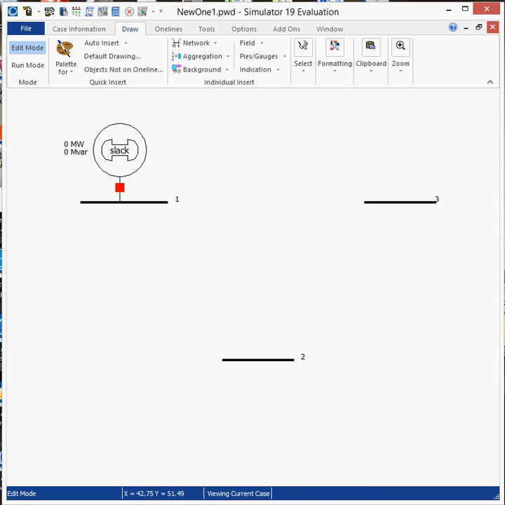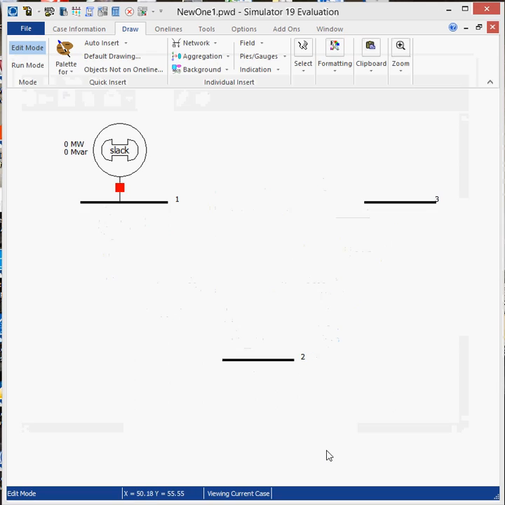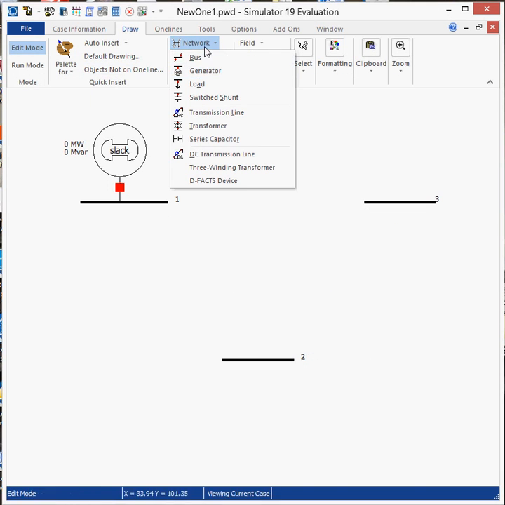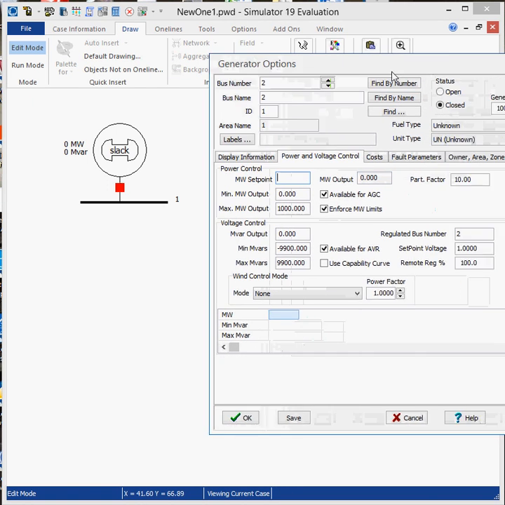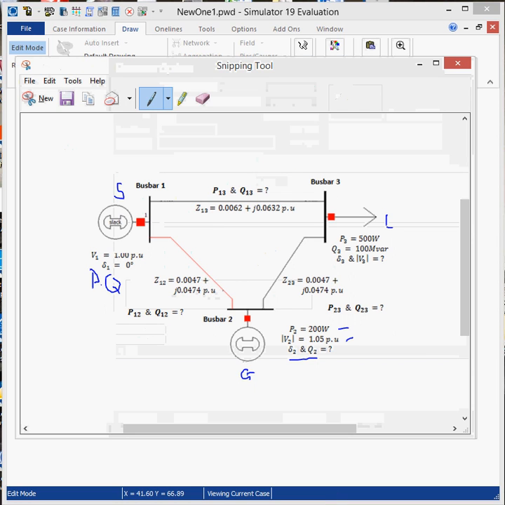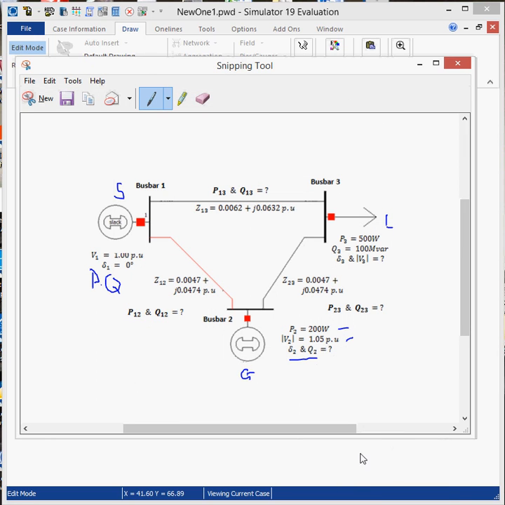Okay, so the next bus is a generator. This generator supplies output power of 200 watt. So click on network and look for generator and click on that bus. You need to key in 200 watt here, and then the set point voltage should be 1.05.